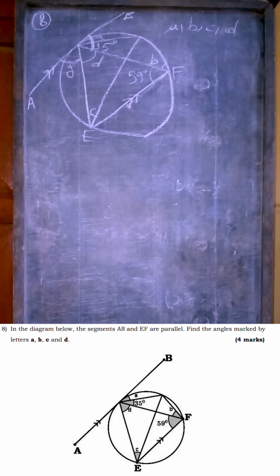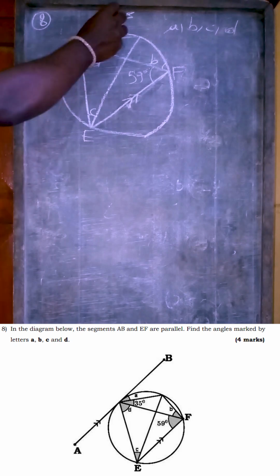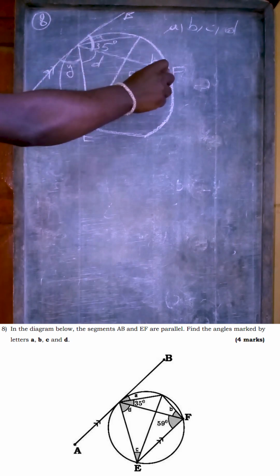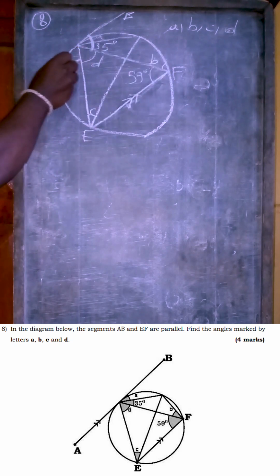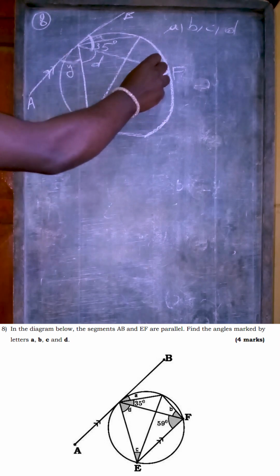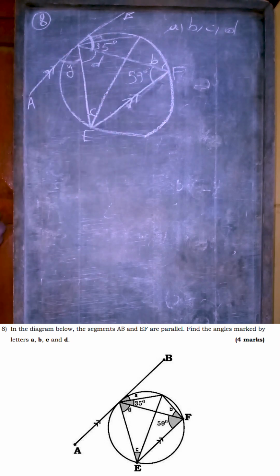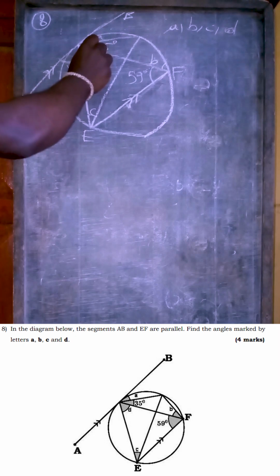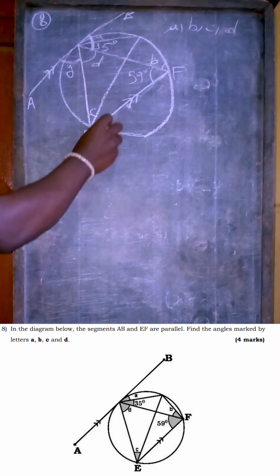And also, you know the property that if we have the tangent and this, this angle Y is equal to the angle found here. And also, the angle here must be equal to this angle.